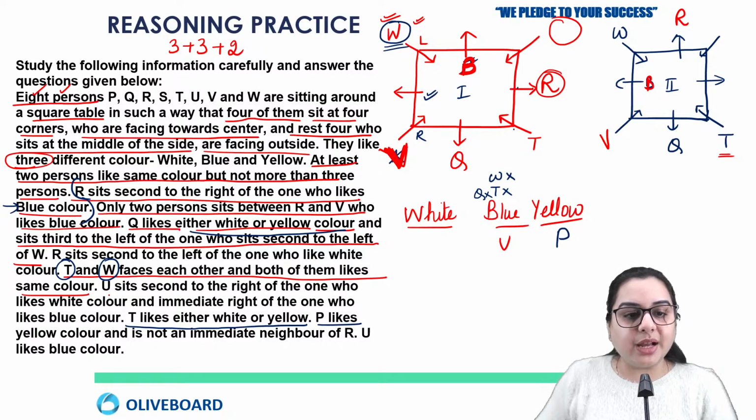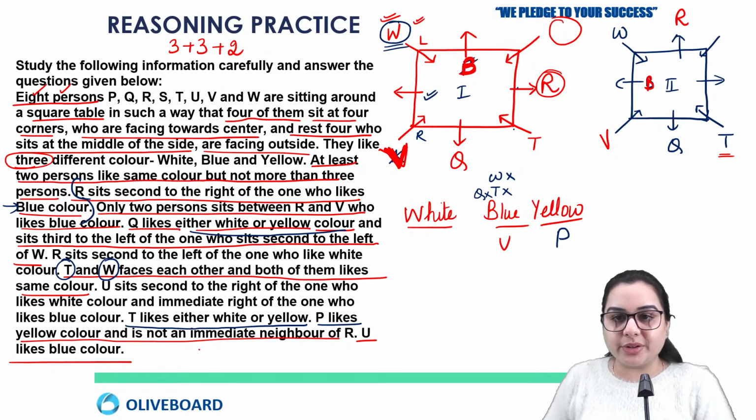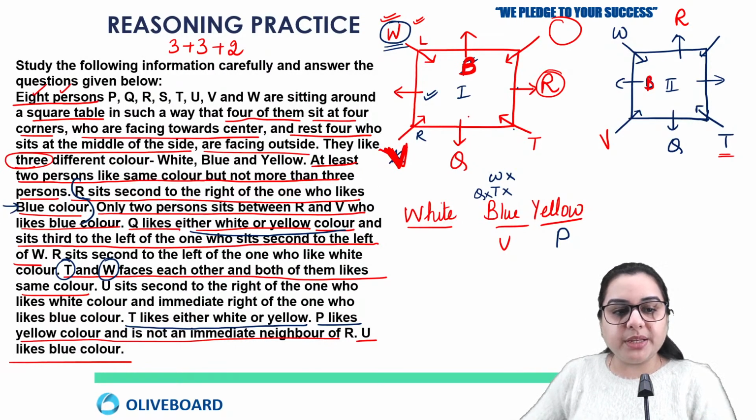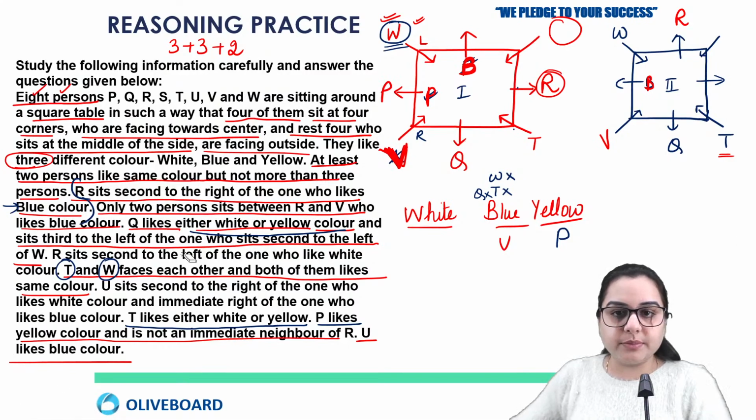Okay, next we have this line in the last, that P likes yellow color and is not an immediate neighbor of R. If I check this in the first possibility, that P likes yellow and is not an immediate neighbor of R, then I should be writing P here, and P likes yellow color.